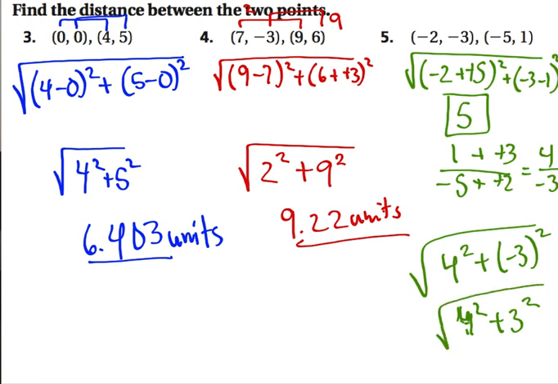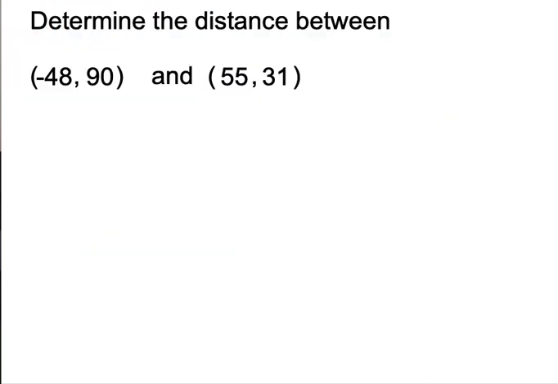But that's just off of the understanding that when this gets drawn, instead of it being up 4 back 3, we just treat that as a 3 and treat that as a 4, and we're good to go. Alright, let's determine the distance between these two points that are much further apart.